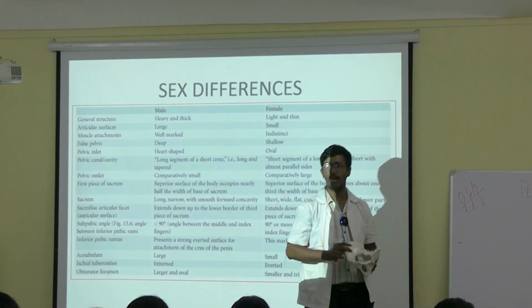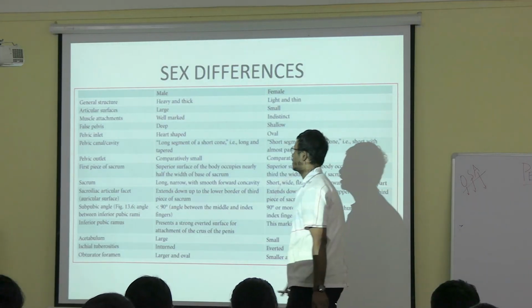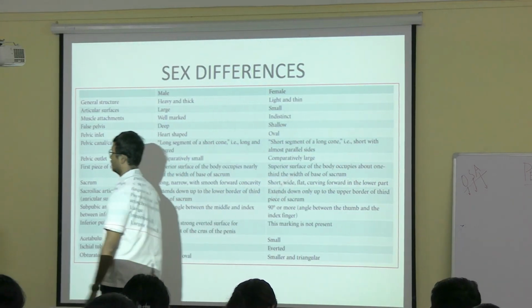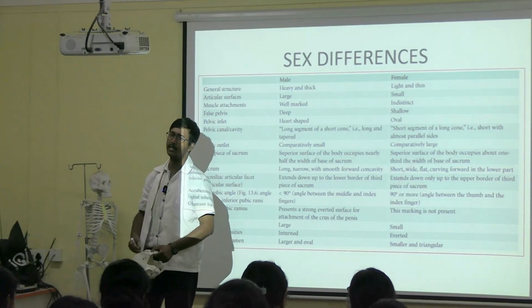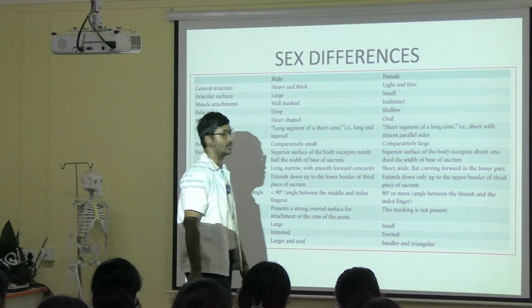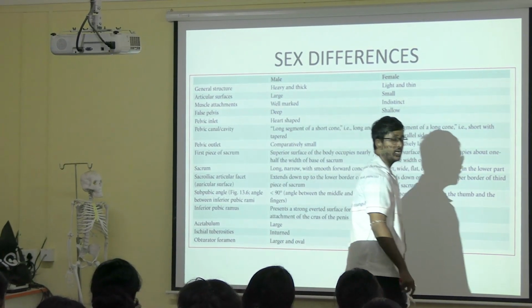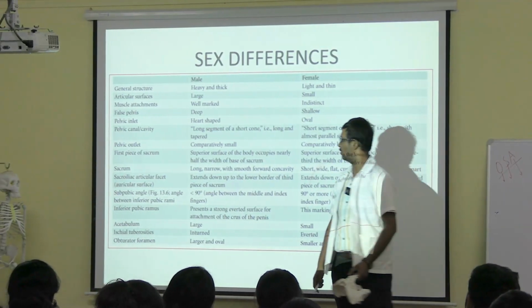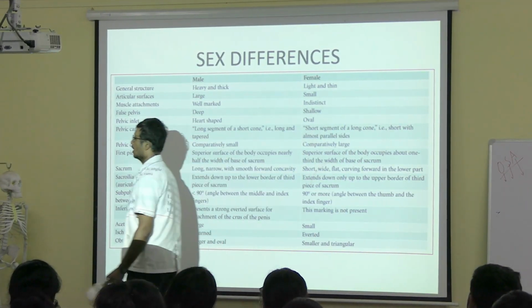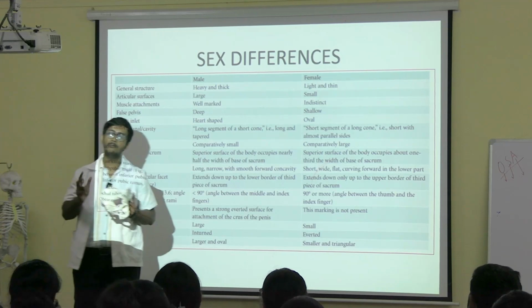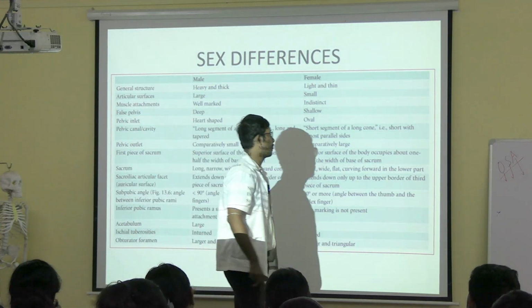But by seeing the size of the pelvis, you cannot determine whether it is a male or a female pelvis, because on the later slides you will see that there are certain female pelvises, either anthropoid or android, which are more like a male pelvis but are present in females.